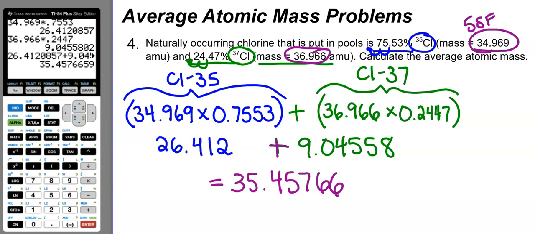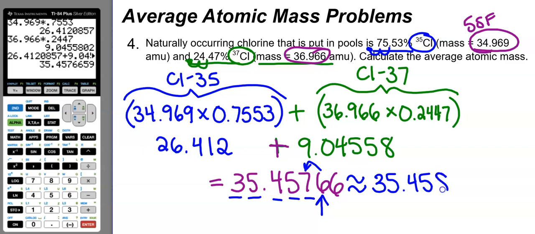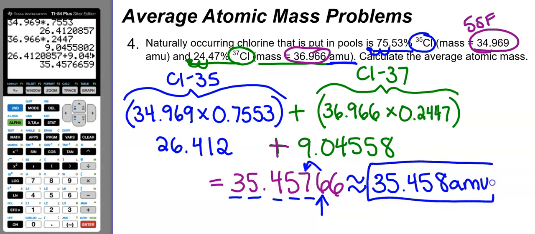And now I'm going to go back and round to 1, 2, 3, 4, 5 significant digits, and then we'll look at the next digit over. That 6 tells us the 7 will round up to an 8. So the answer that we should report is 35.458. And of course our units are AMU, just like they are in the problem. There is our final answer.